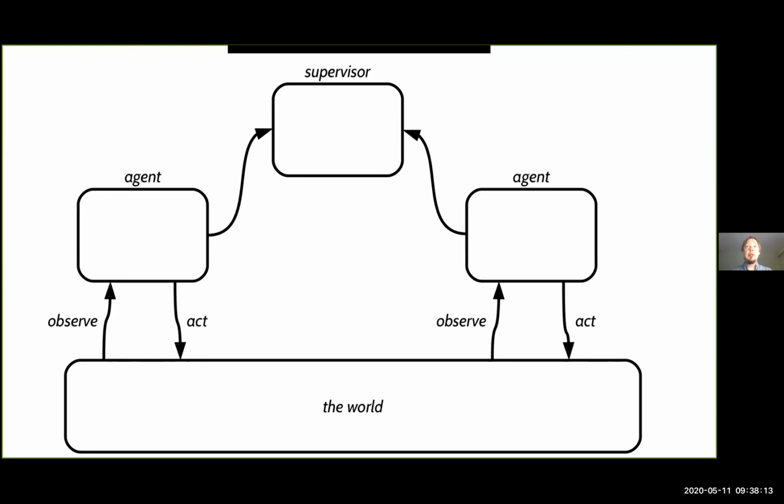So what the supervisor does, it doesn't interact with the world per se. It observes what the agents are doing, and then it decides how the agents should act. It doesn't learn the agents' own control policies. It learns to manipulate, for example, slots in the agents such that it is able to manage how the agents employ their control policies.